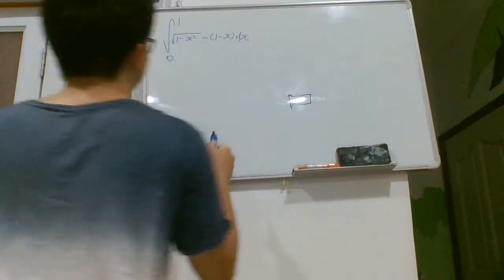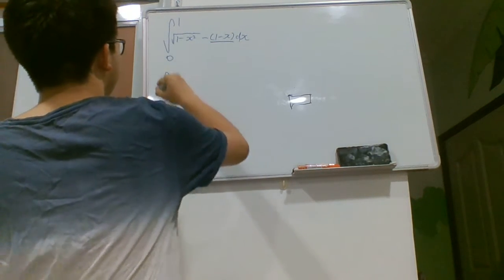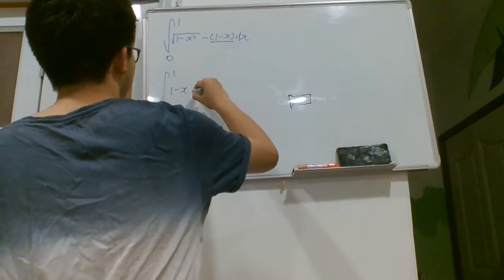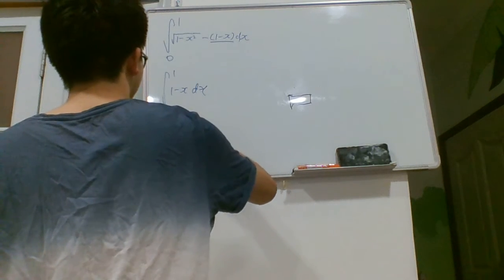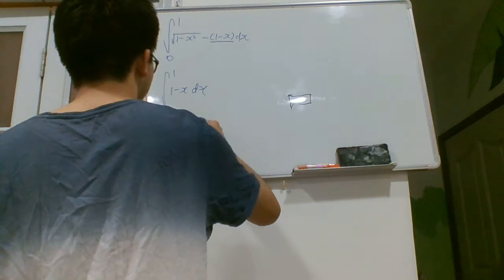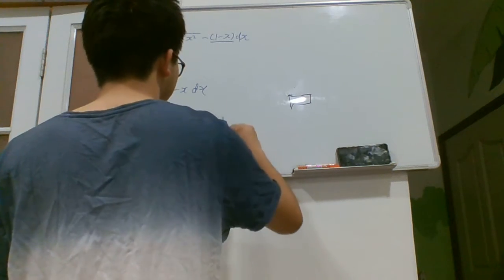So first, let's deal with this side. The integral of 1 minus x from 0 to 1 dx will be equal to 1 minus x squared over 2 divided by negative 1 from 1 to 0.